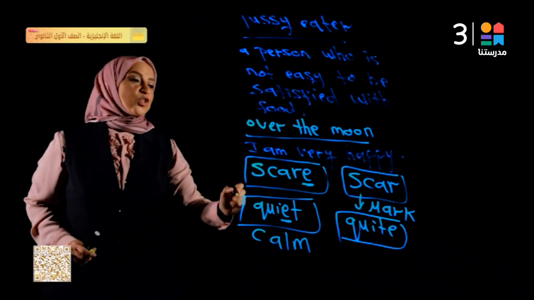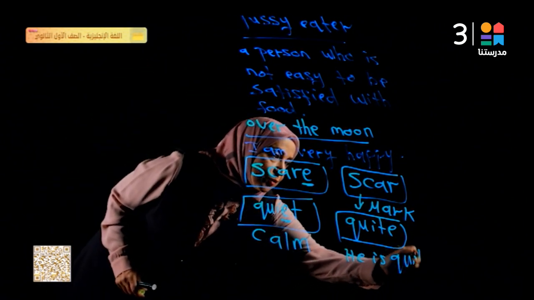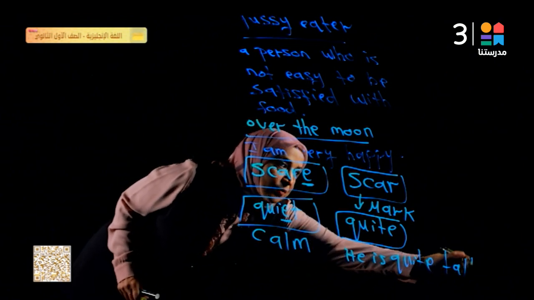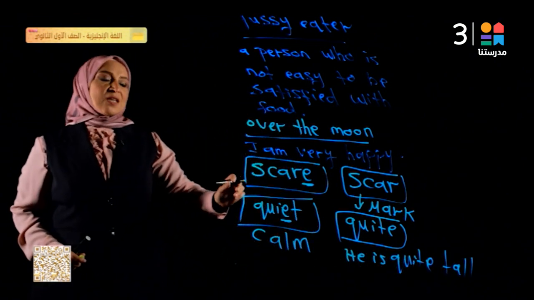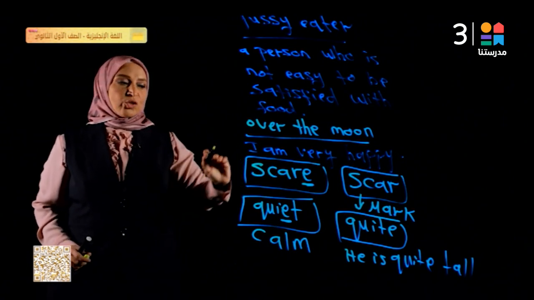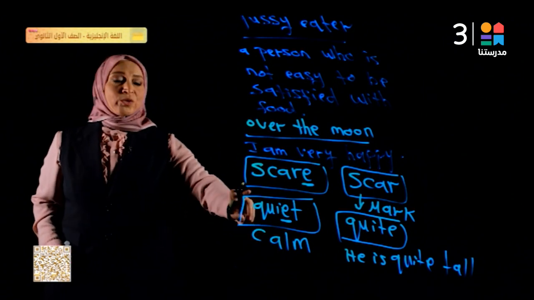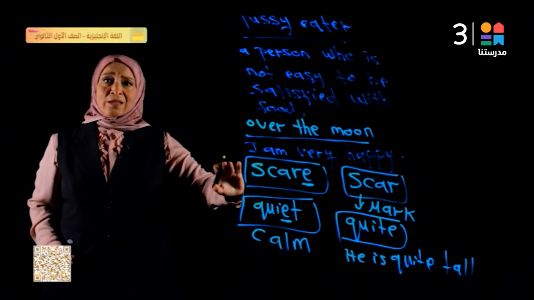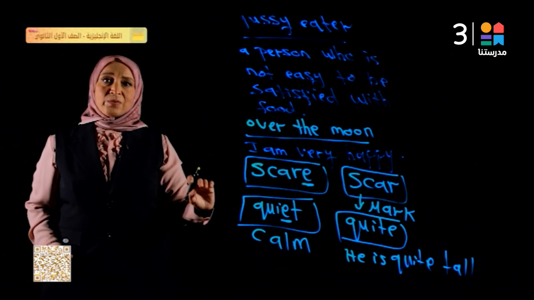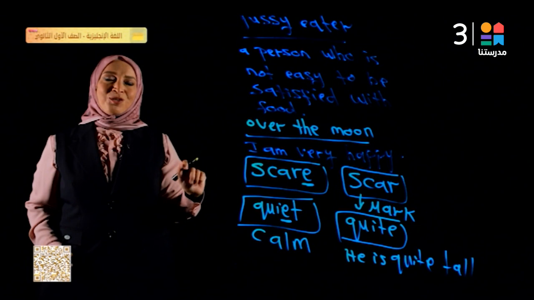So I can say he is quite tall. Quite tall means to some extent. He is tall to some extent, not very much. He is quite tall, okay? But he is quiet. When I say that children should keep quiet when the teacher enters the class, this is quiet, okay? So this is the end of our lesson today. Thank you very much.